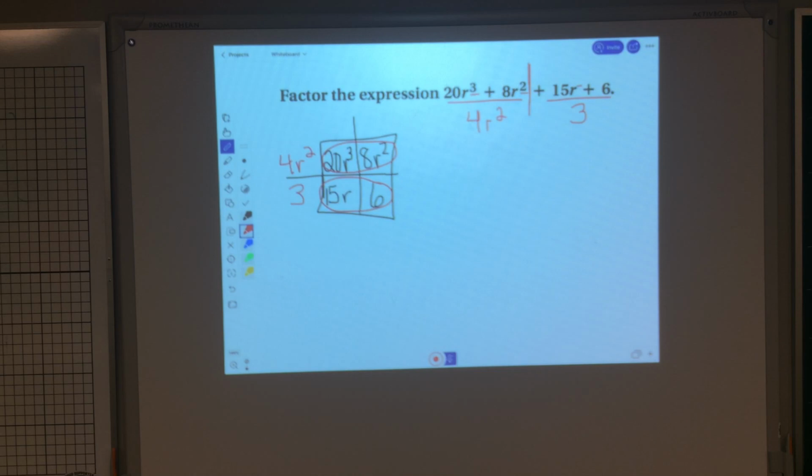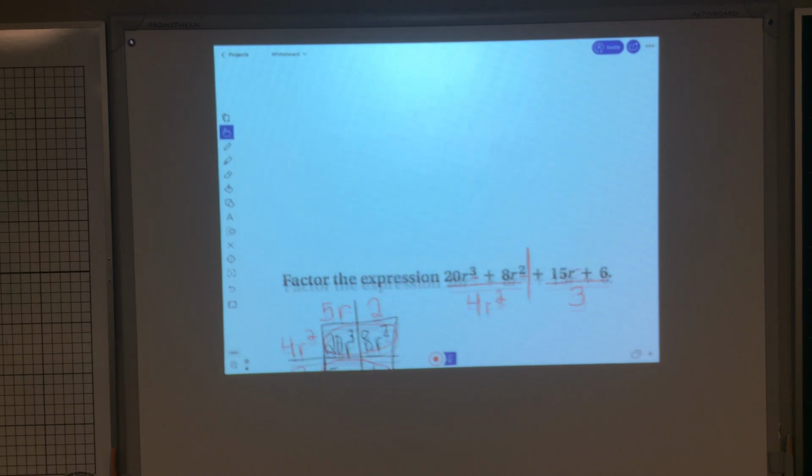Then we can still do the same method of what do I do to 4r squared to get to 20r cubed: I multiply by 4 times 5 is 20, and I still need another r. And if I check that, 5 times 3 is 15r. 4 times 2 will give me the 8, and it's already r squared. And 3 times 2 gives me 6. So that's another option of how you can do that factoring work.